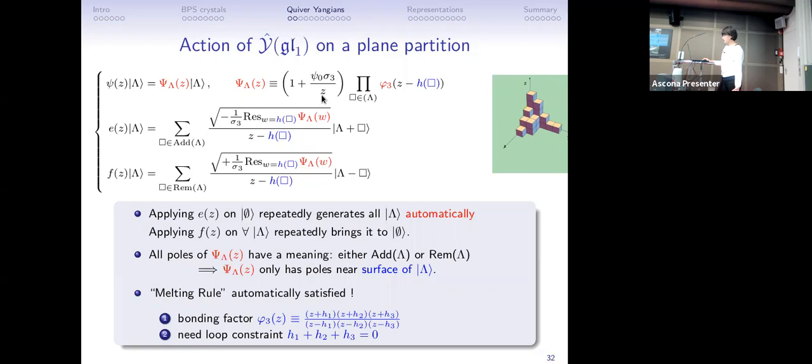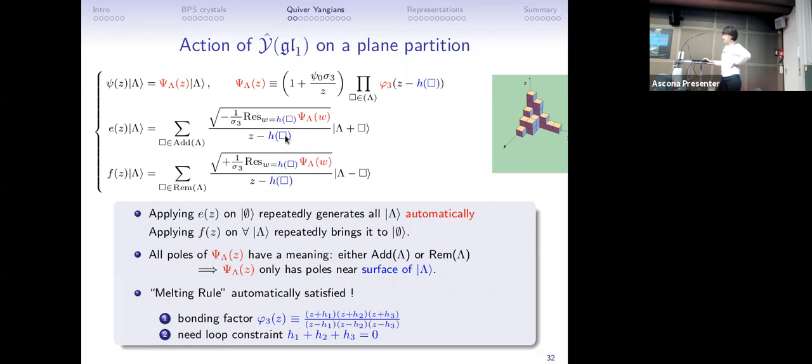The vacuum contributes a factor, and then each atom, or each box in your plane partition, contributes a factor, which is this psi factor that we saw earlier, shifted by the equivariant weight of this atom. And for the raising operator, you start with the plane partition, and the raising operator adds 1 box in all possible places, and the f generator removes 1 box.